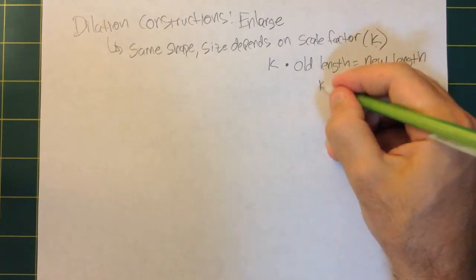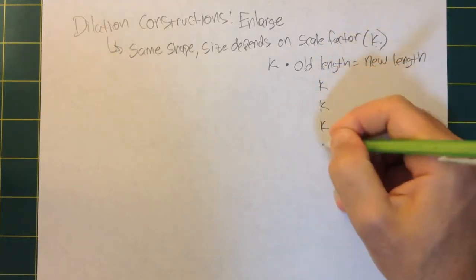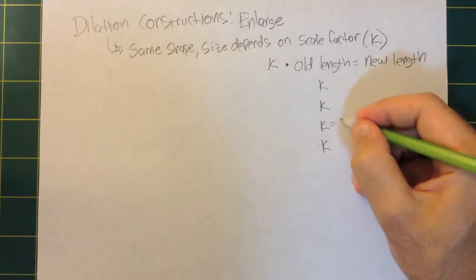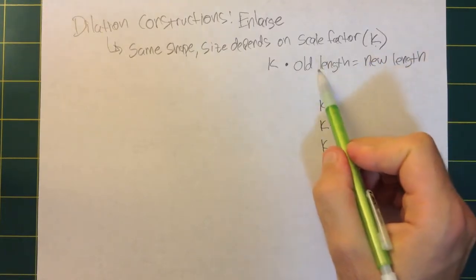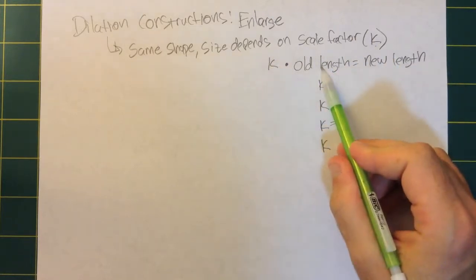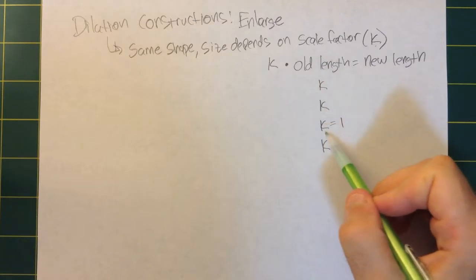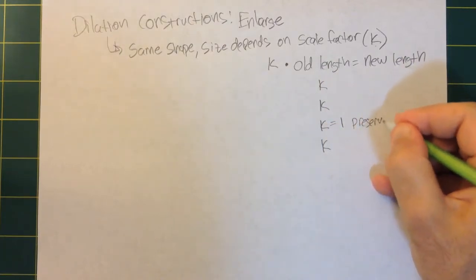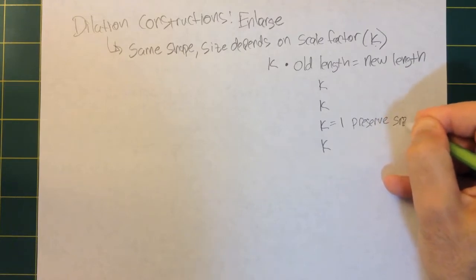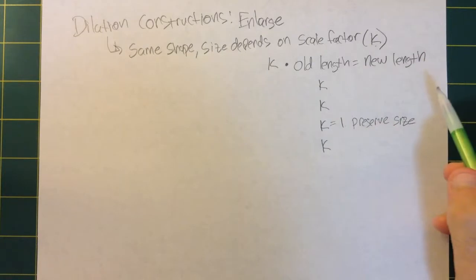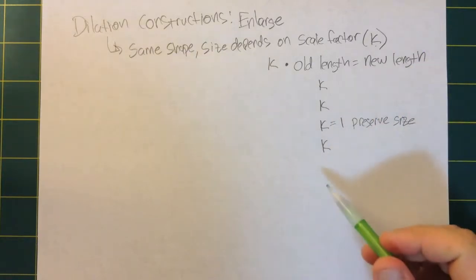So if I started out with a scale factor that was, let's say, 1, I would take my old length, multiply it by the number 1, and the new length would give me back the exact same number that I started with. And so if your scale factor is 1, you preserve the size. You don't change the size of the shape at all. Nothing happens. It doesn't get bigger, it doesn't get smaller, it stays exactly the same.